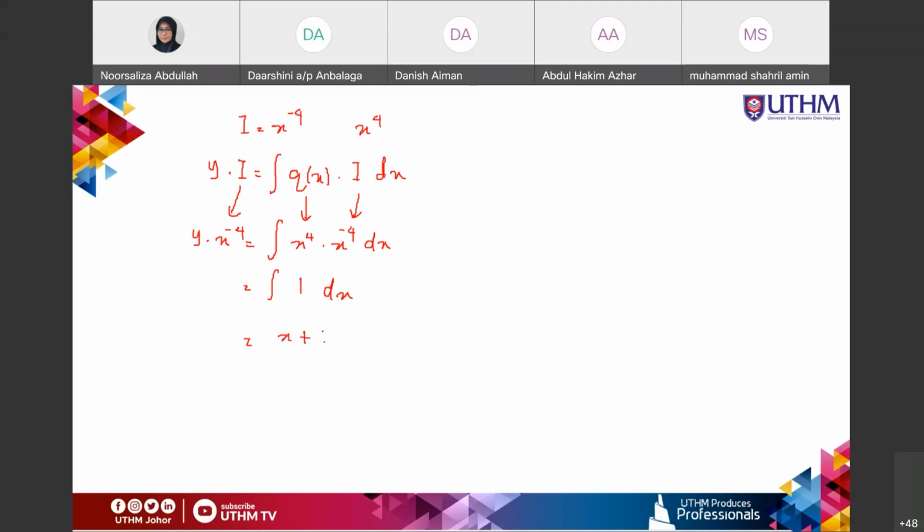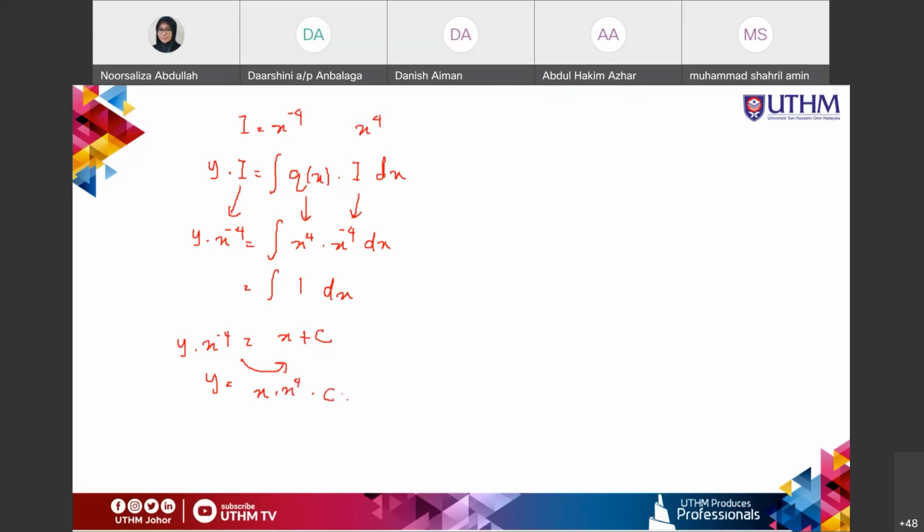Then y, you bring this x to this side, then you get y equals x times x power 4, betul?